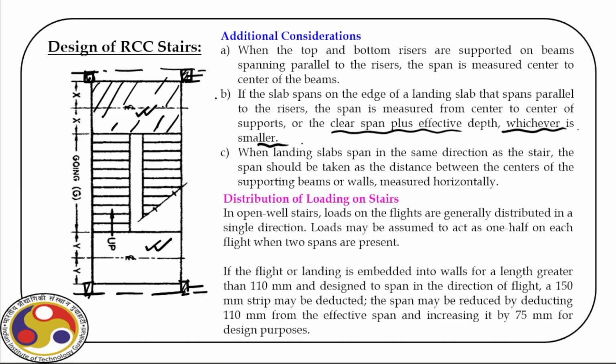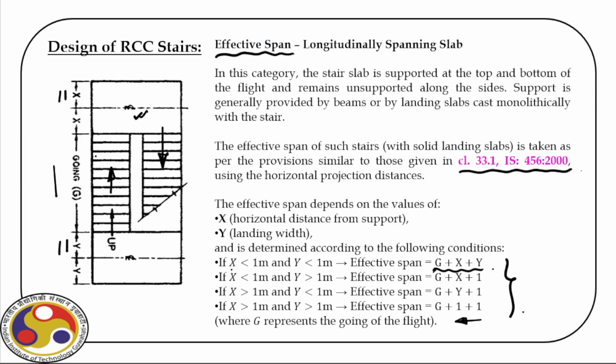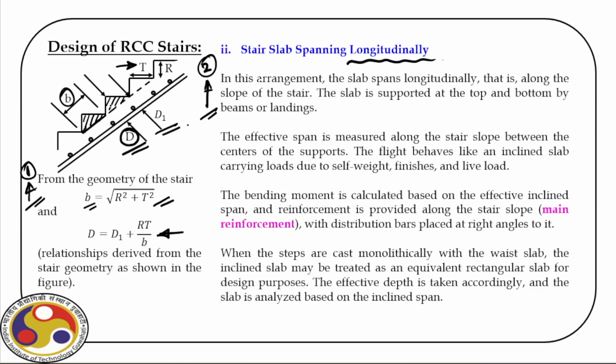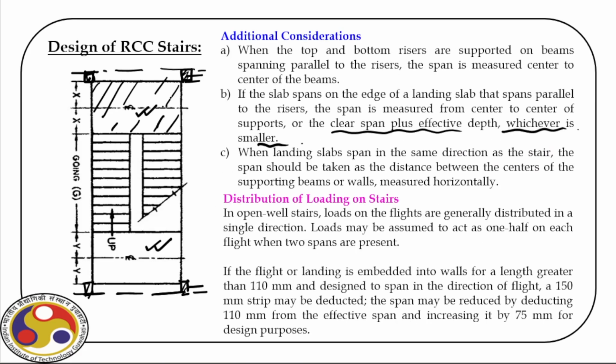Then comes the distribution of loading on the stair. As I told you earlier, the moment we consider these type of steps, we have to evaluate the dead load and its distribution over the inclined slab. So for that, the most important one is here, and it reads: if the flight or landing is embedded into walls for a length greater than 110 millimeter and designed to span in the direction of flight, a 150 millimeter strip may be deducted.